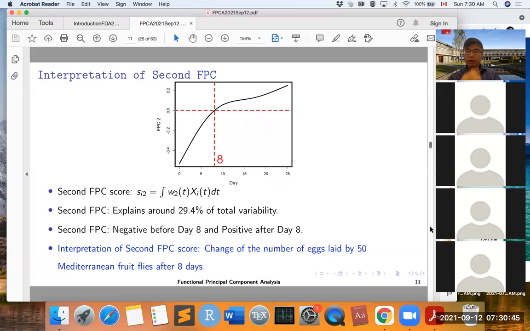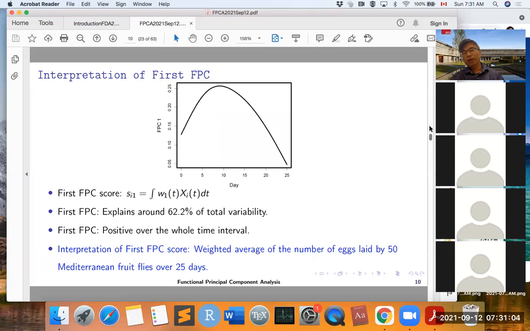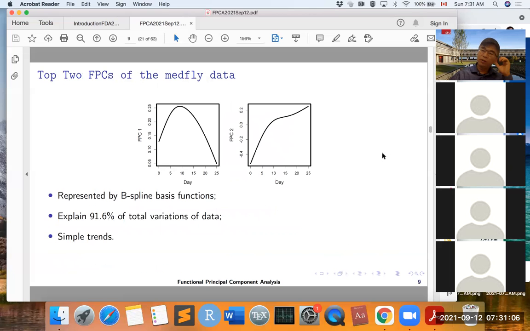Yes, I have one. It's really interesting here. I want to know why FPC1 is always the same sign and the second one changes. Yes, this is a very good question. Actually, I don't know myself either. This is kind of the observation after doing FPCA for many applications.